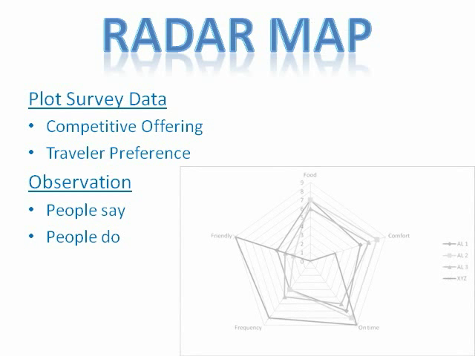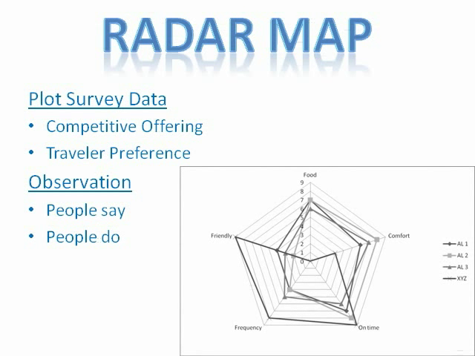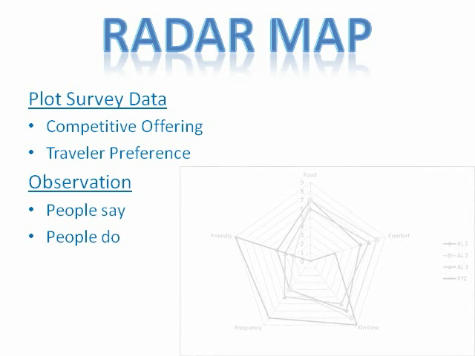Now, if you took that information and plotted it on a radar graph, you can naturally see that XYZ point shows what customers really want versus what all the airlines are offering. So by plotting this data, you can quickly see the competition, what the travelers' preference are, and if you observe them, there also is a marked difference between what people say and what people actually do.